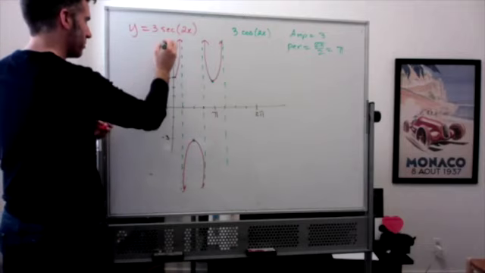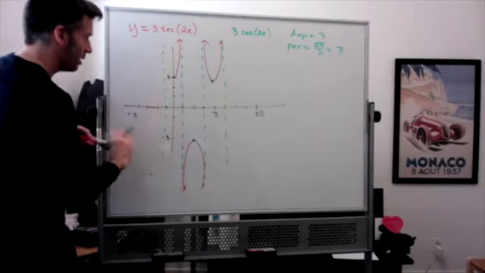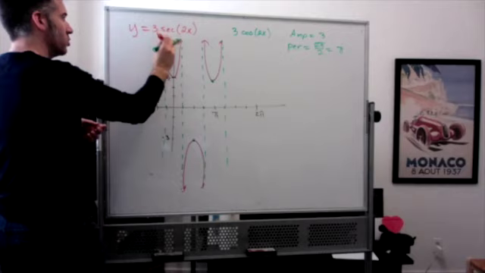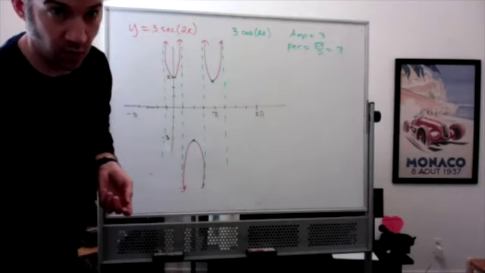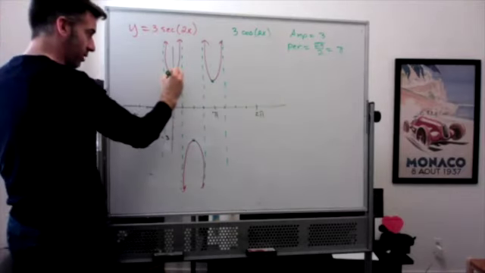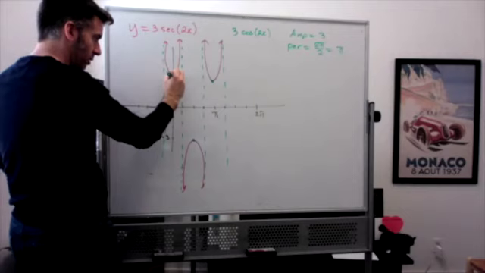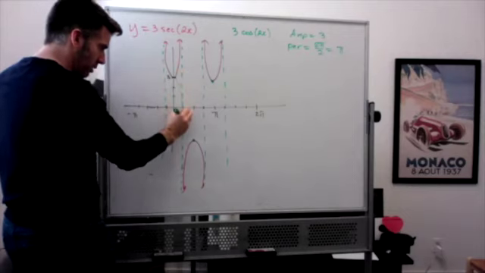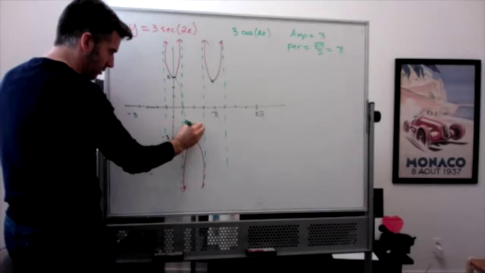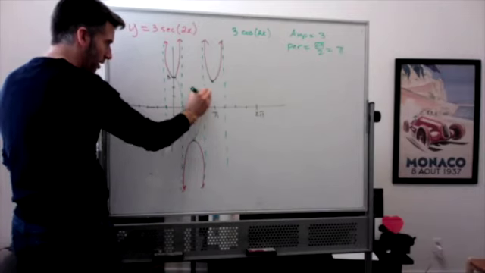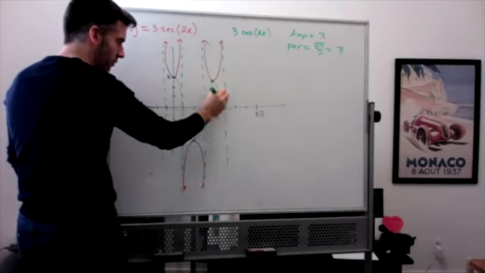Yes, you could totally have graphed the cosine graph if you wanted to, right? Here's what the cosine graph would look like in green. It would start here, and then it would go down to 0, and then down to -3, and then back up to 0, and then back up to 3, and then it would just keep doing it over and over again.